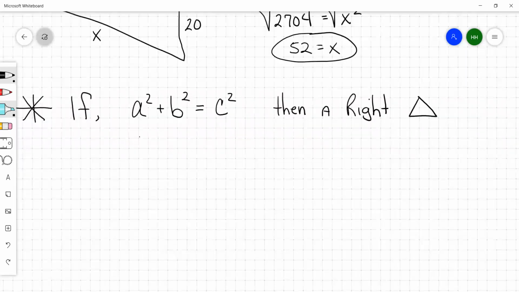We're going to say if a squared plus b squared is less than c squared, then we've got an obtuse triangle.